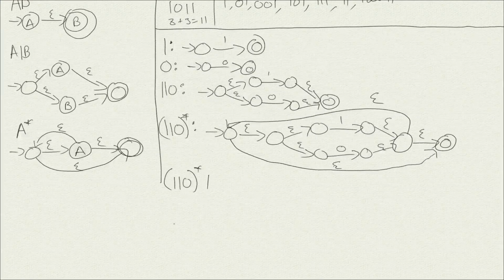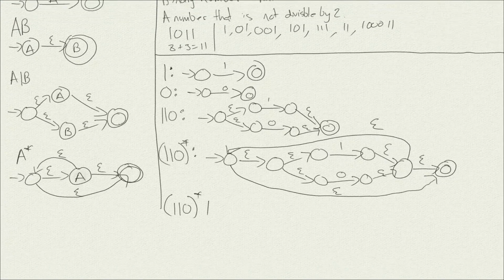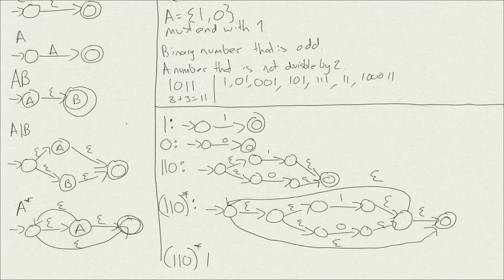So this whole regular expression becomes, we're going to use this basically. So I guess you can put A here. I guess you can do A followed by 1. So something like this. And this regular expression is this entire thing.